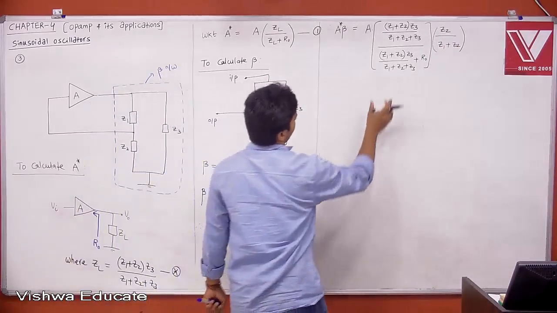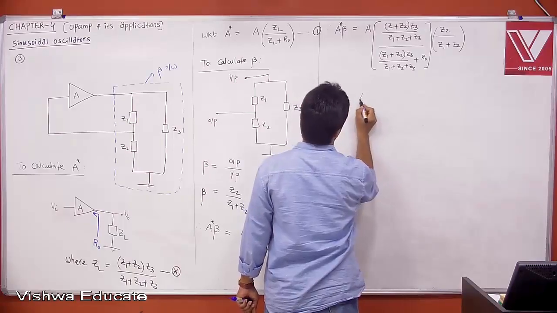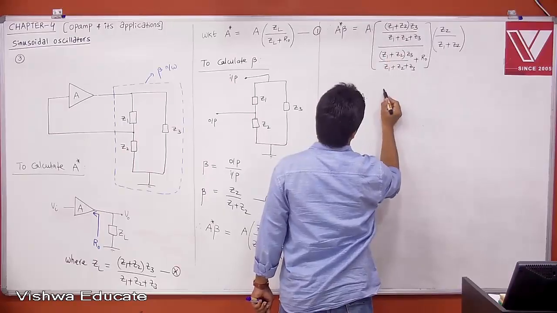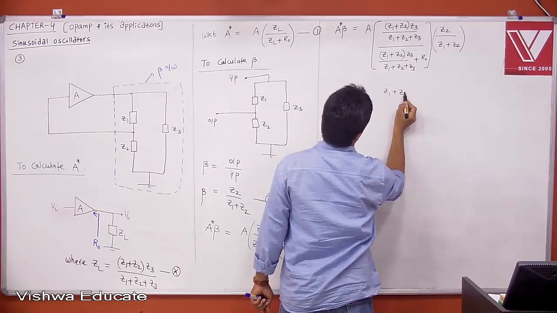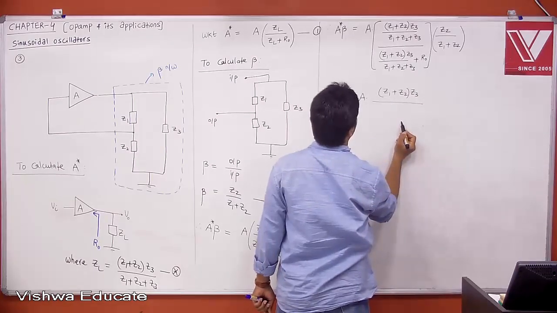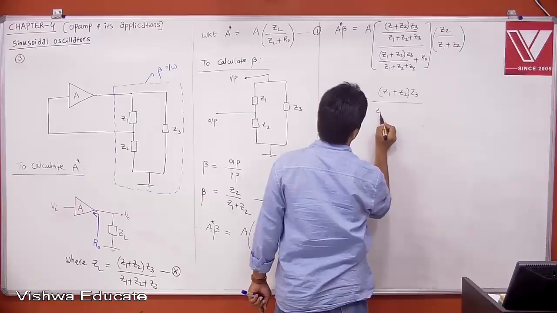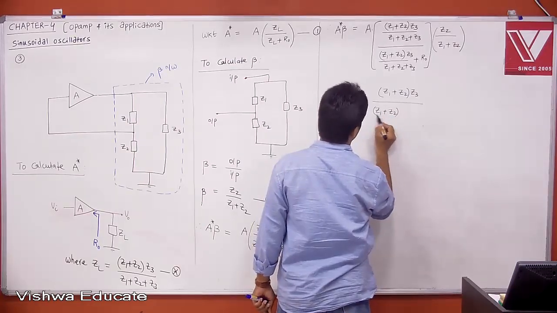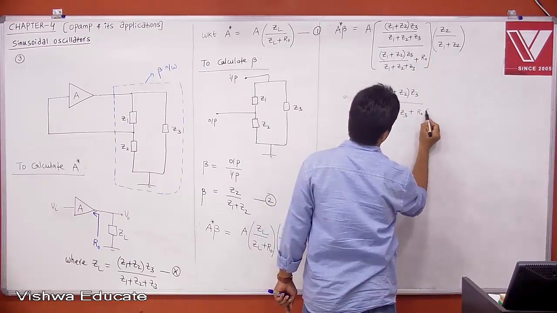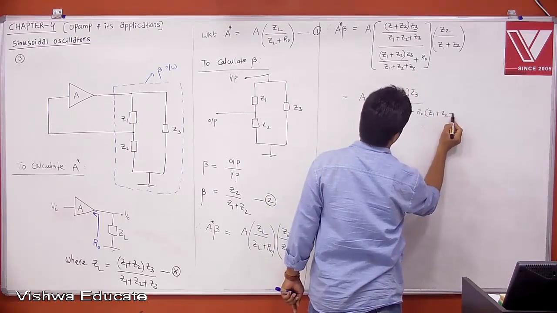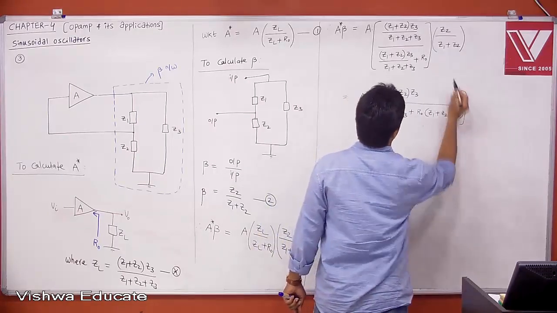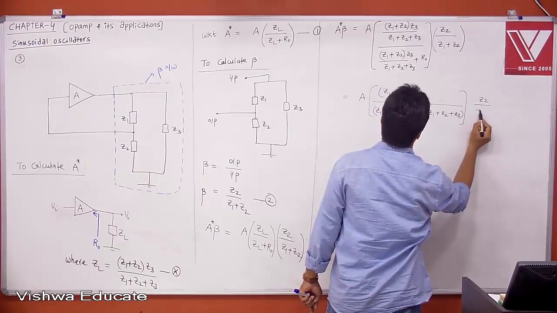If you take the LCM of Z1 plus Z2 plus Z3, then you get A into Z1 plus Z2 into Z3, divided by Z1 plus Z2 into Z3 plus R0 into Z1 plus Z2 plus Z3, into Z2 divided by Z1 plus Z2.